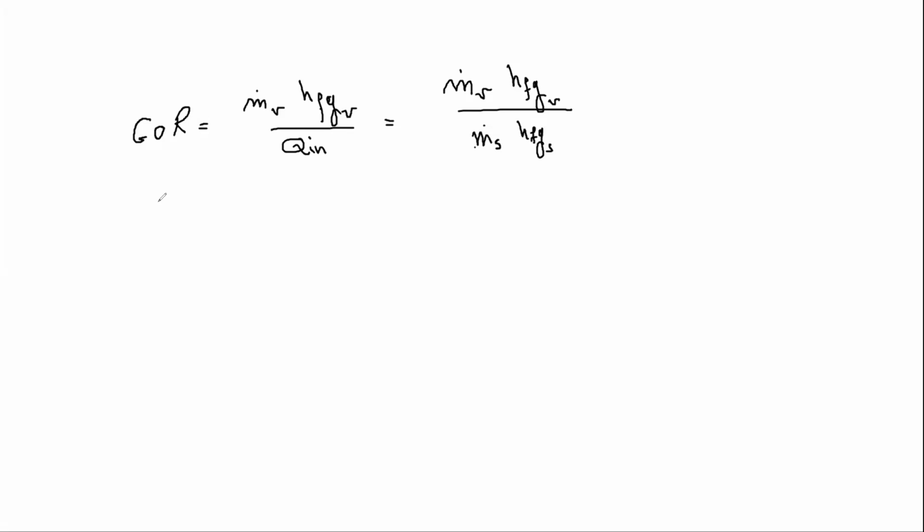And this is why they have used another parameter that is used for evaluating the performance, and this parameter is called the performance ratio. The performance ratio here is basically m dot vapor over m dot steam.